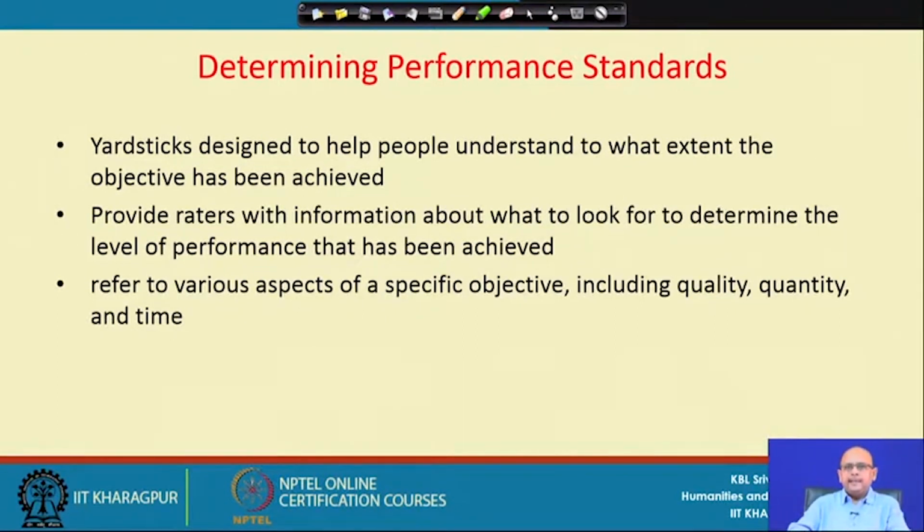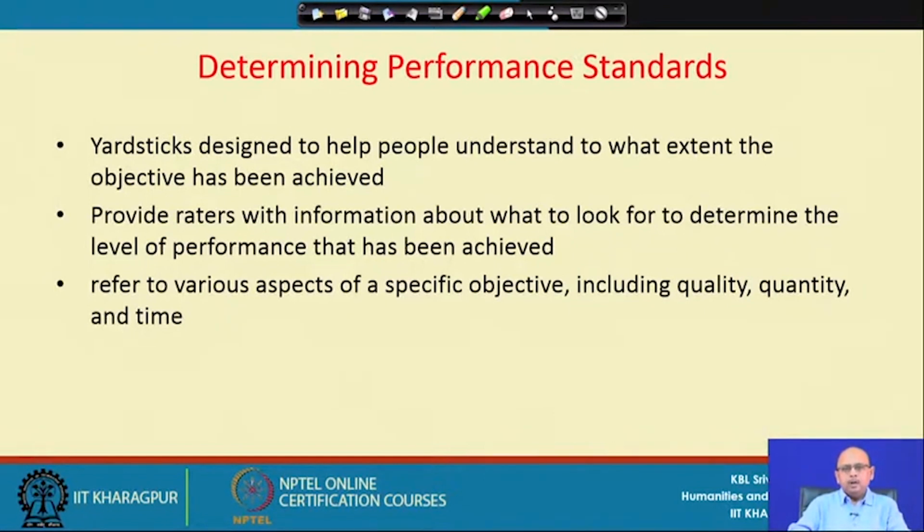So, these standards are designed to help understand what you need to achieve, okay. And those who are going to evaluate performance also know that this is the standard against which the performance of the people is to be measured, and what level of performance the person has achieved, right. So, it is related to specific objectives including quality, quantity and time.